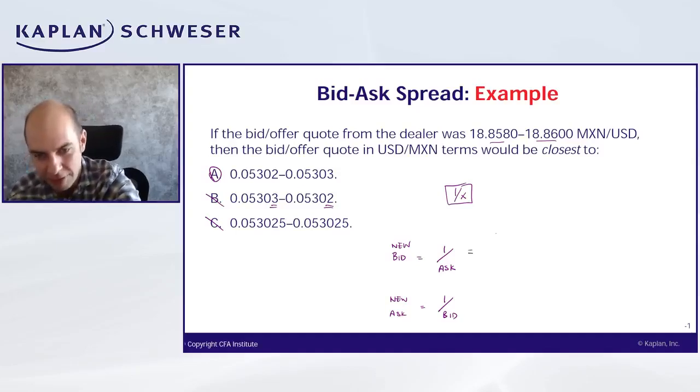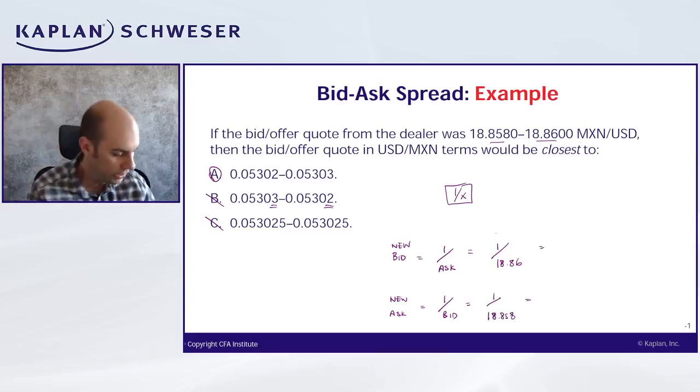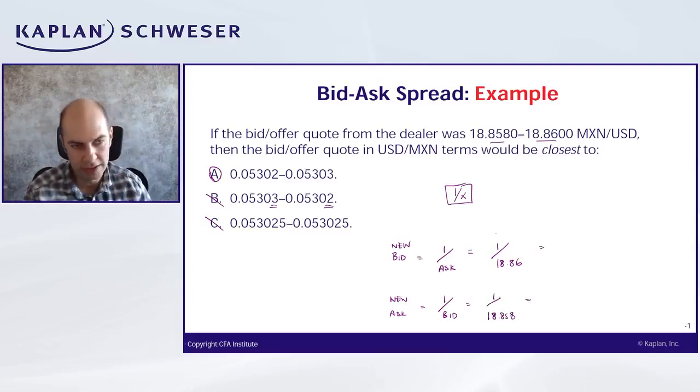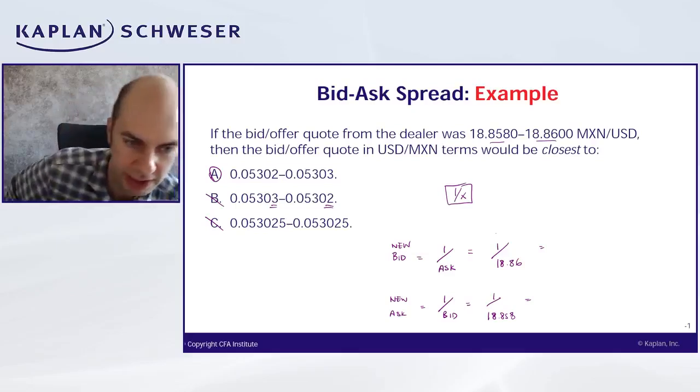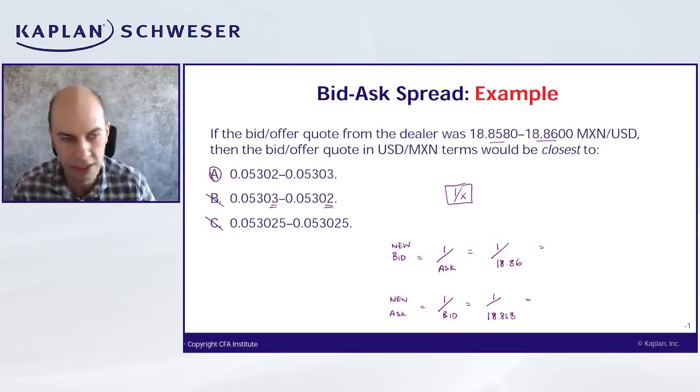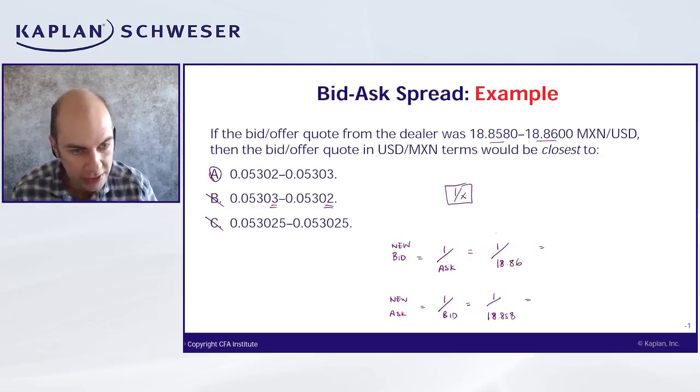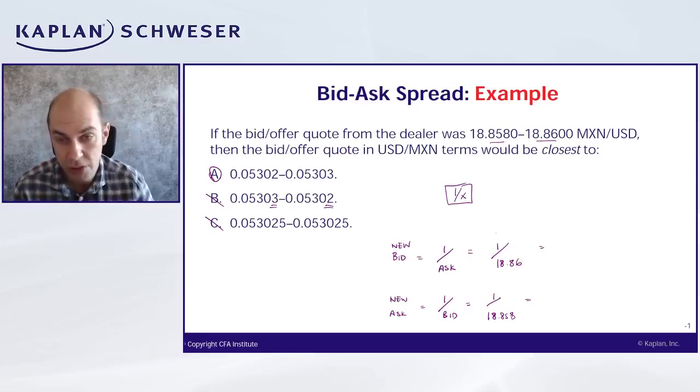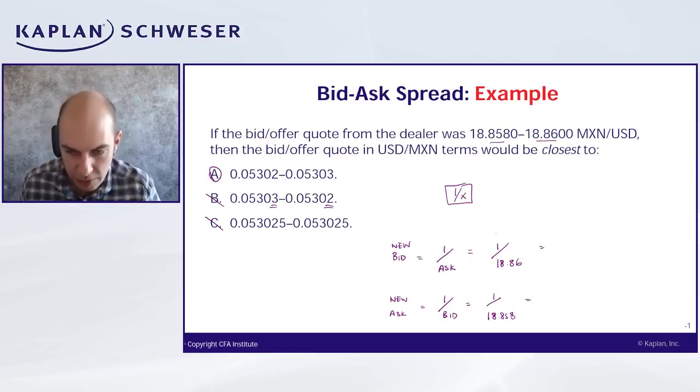So in our case, that'll be 1 over 1.8860, and this will be 1 over 1.8858. And this, of course, will give us, hopefully, the answer from option Alpha. Okay, but you're most welcome to try this on your calculator. Now I know this will give us the right answer because that is the only possible answer for this question. Okay, the new bid has to be lower than the new ask.